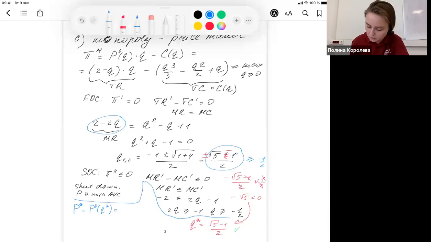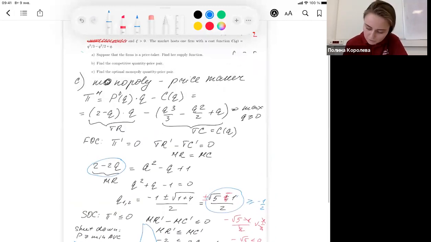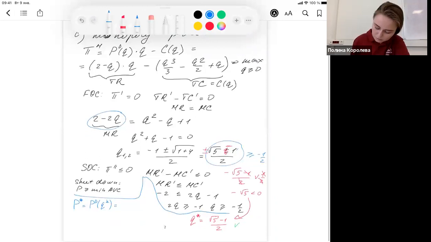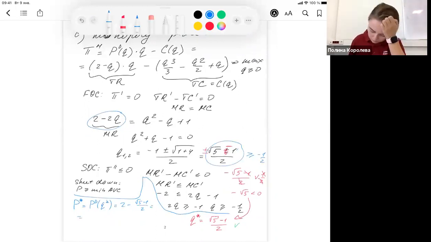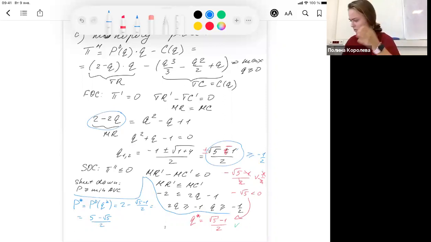And this will be how much? 2 minus q, 2 minus square root 5 minus 1 over 2. And this is 4 plus 1, 5, minus square root of 5 over 2. Agree?